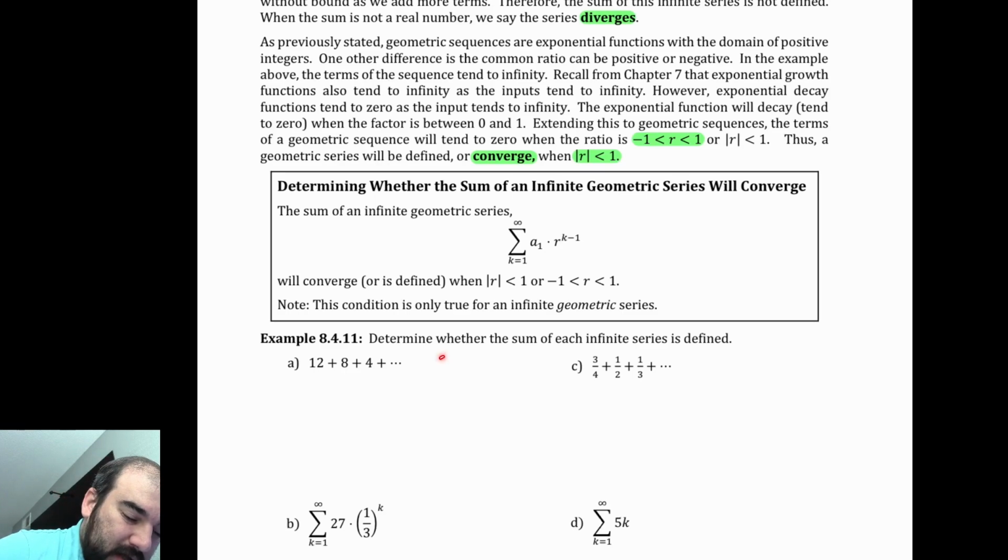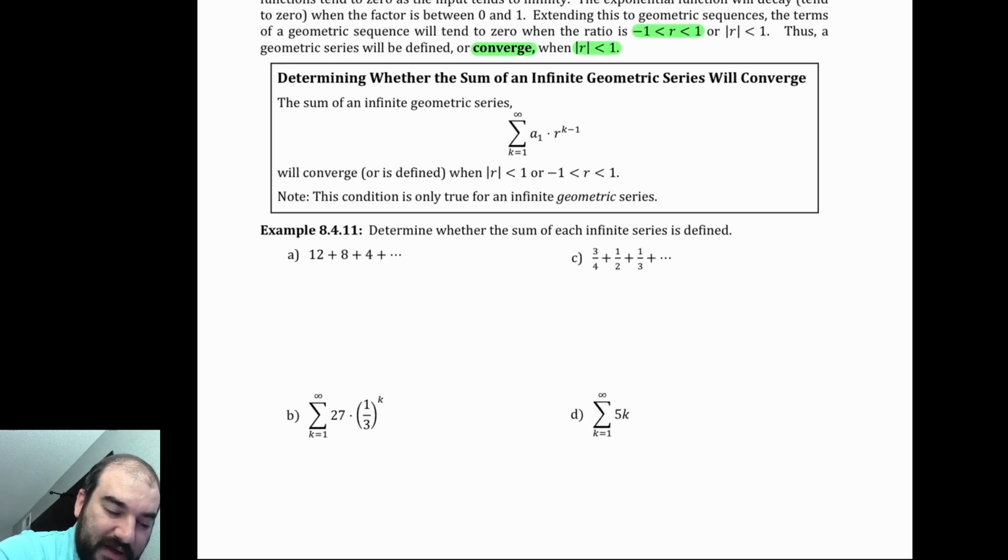So first of all, we want to decide whether each sum is defined, whether it converges to a specific number or it diverges. This first example here, we see that this is not a geometric series, because we see a -4 -4 relationship, which means this is an arithmetic series.